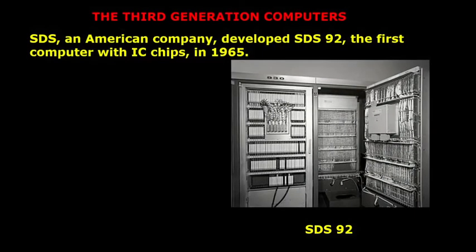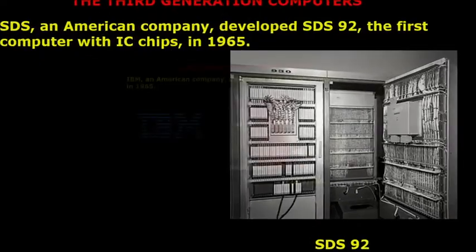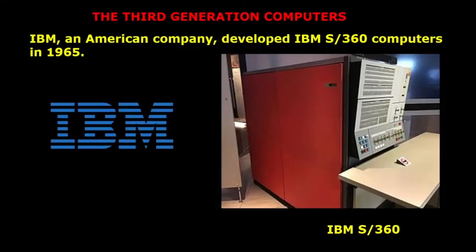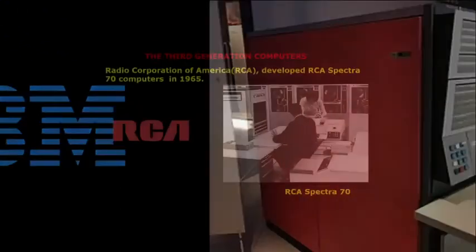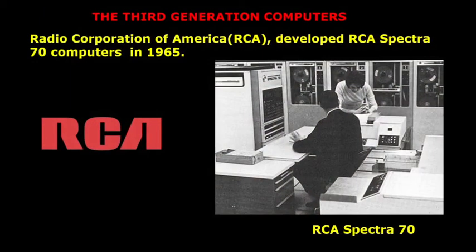STS, an American company, developed STS-92, the first computer with IC chips, in 1965. IBM, another American company, developed IBM S/360 computers in 1965. Radio Corporation of America (RCA) developed RCA Spectra 70 computers in 1965.